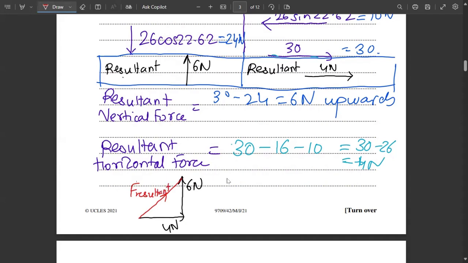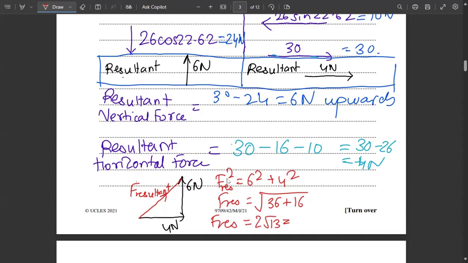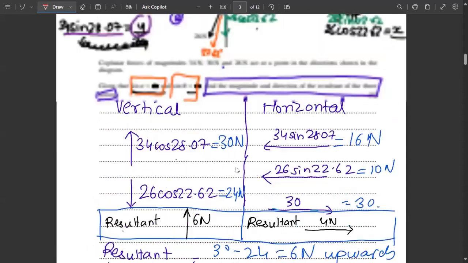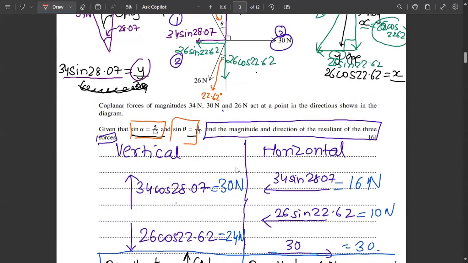So F resultant square is equal to 6 square plus 4 square. Therefore, F resultant equals root of 36 plus 16, which is 2 root 13, which is equal to 7.2 Newton. And 7.2 Newton is the resultant force. Now we found the magnitude.